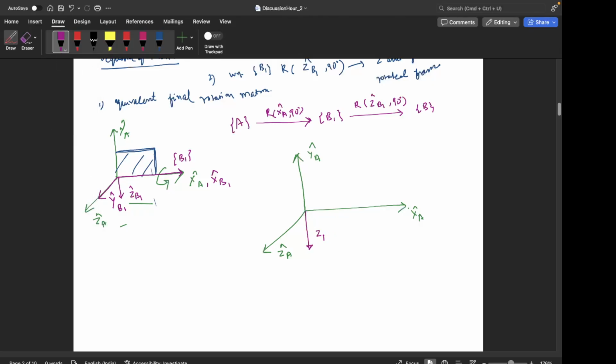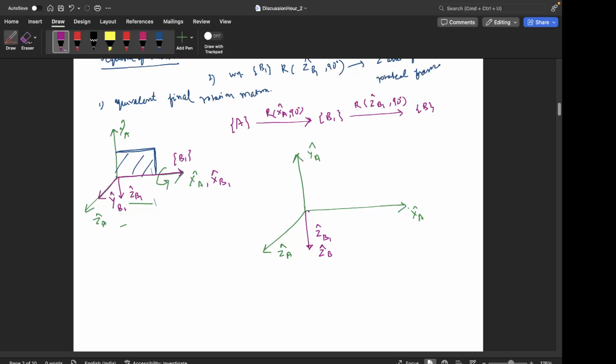So this is ZB1, and since the rotation is about this axis itself, ZB will also remain the same, right?